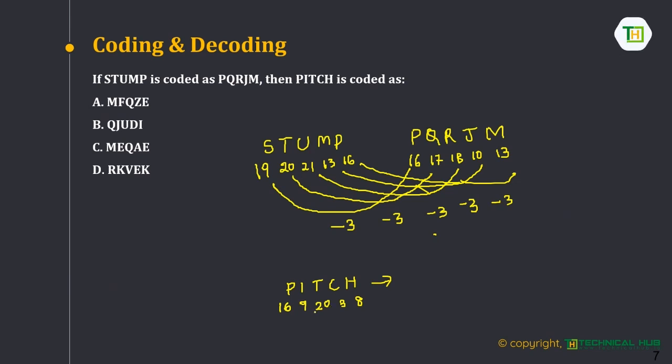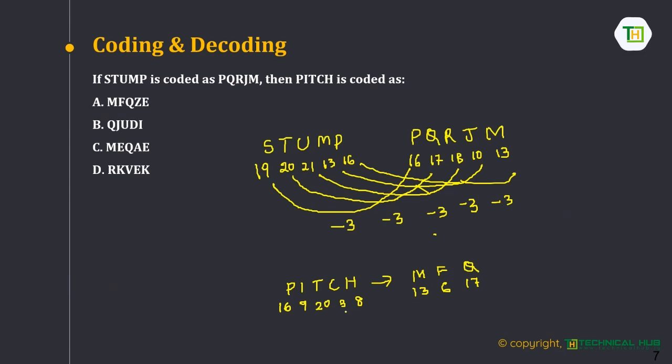Subtracting 3: 16 minus 3 means 13, and 13 is the middle letter M. 9 minus 3 means 6, and 6 means F. 20 minus 3 means 17, and 17 is the English alphabet letter Q.